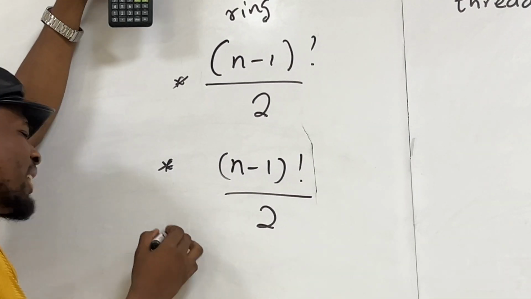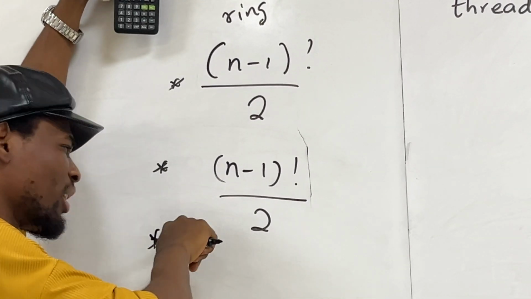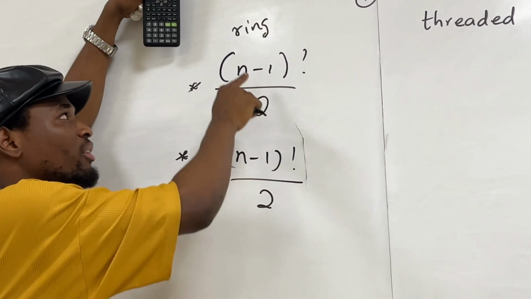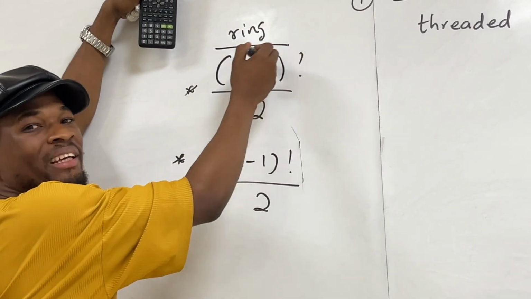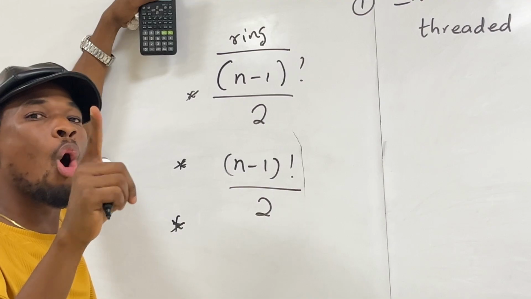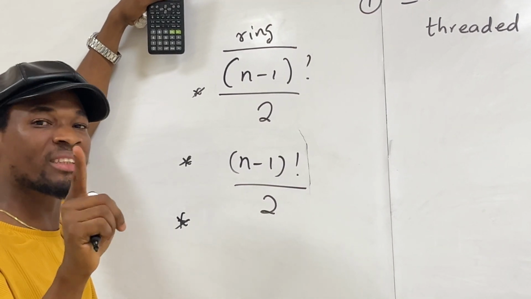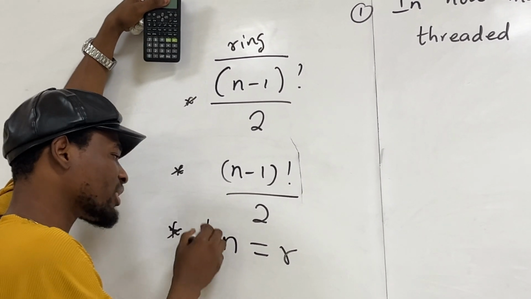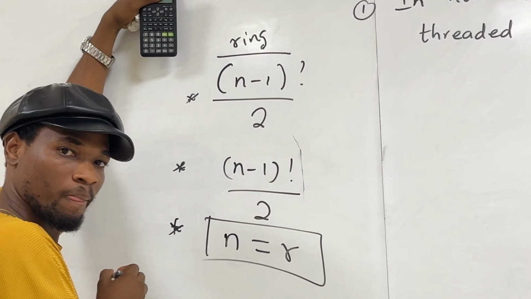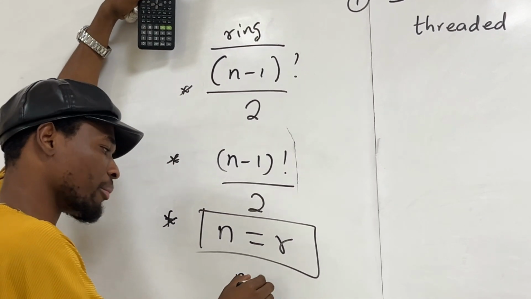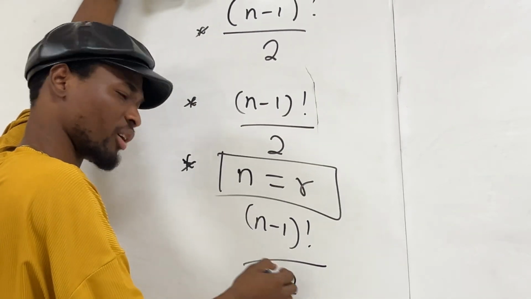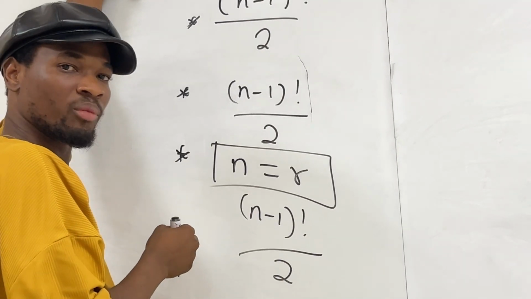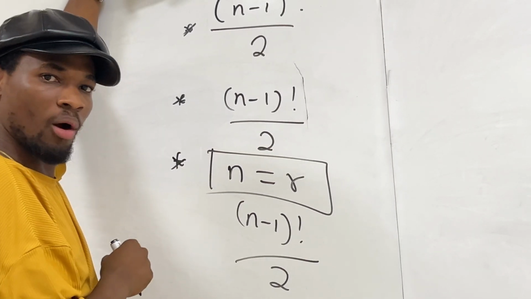Also, when you are arranging them in a circular manner, on this ring or on this necklace, taking all at a time, what it means is that n should be equal to r. It also goes by the formula n-1 all factorial divided by 2. So when you hear these statements, you just employ this formula.